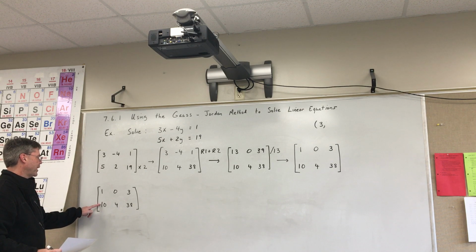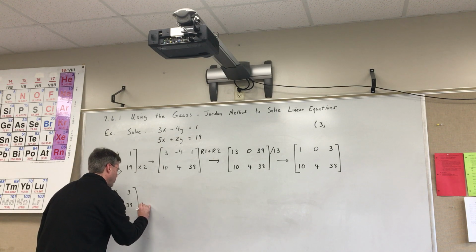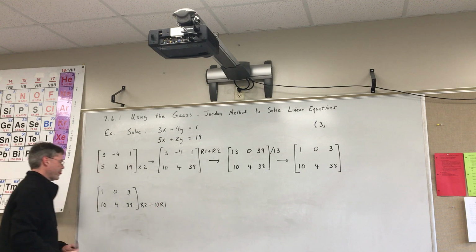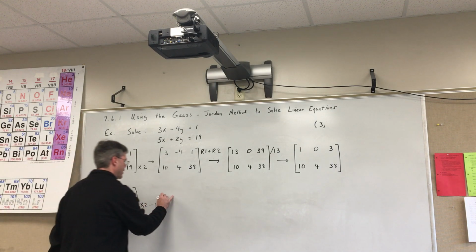So I'm going to replace row 2 with row 2 minus 10 times row 1. Then I'd have a 10 minus 10.